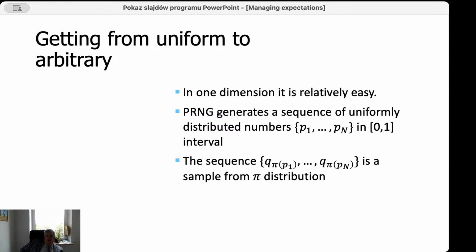Then we can compute the sequence of values of the quantile function from that, and we will get a sample from that distribution.